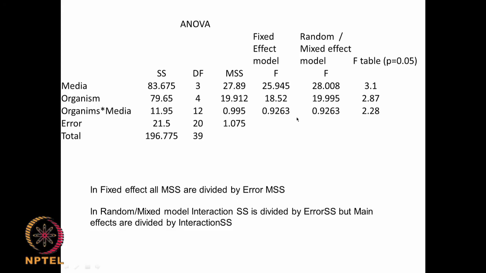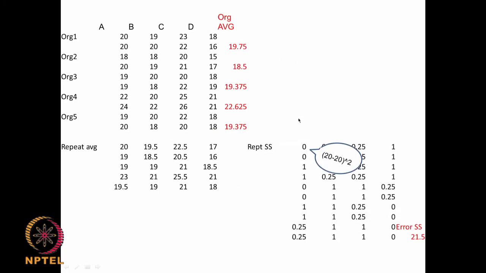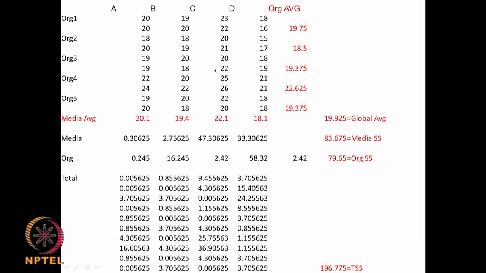If you look at all this data, we have these 4 different media and 5 different organisms. This particular media C seems to be producing the largest amount of this molecule, and similarly organism 4 seems to be producing the largest amount.